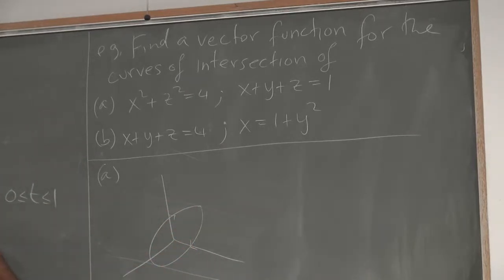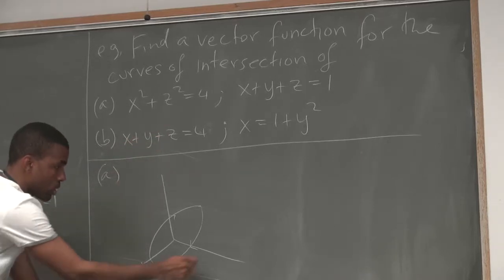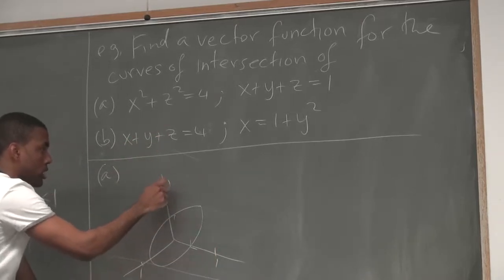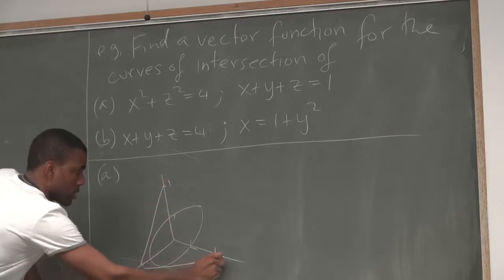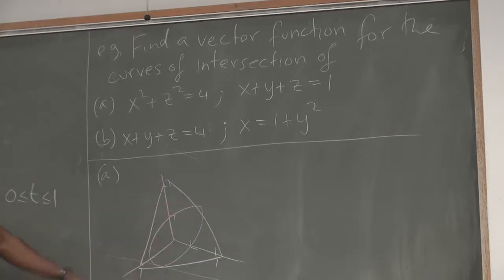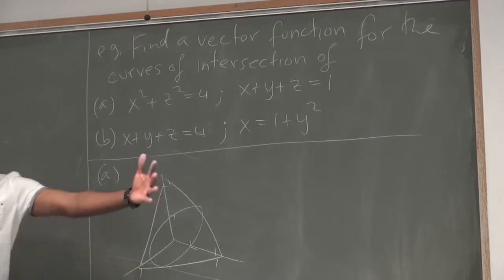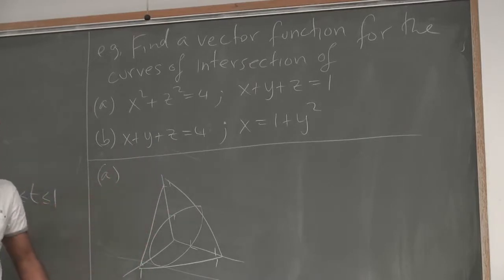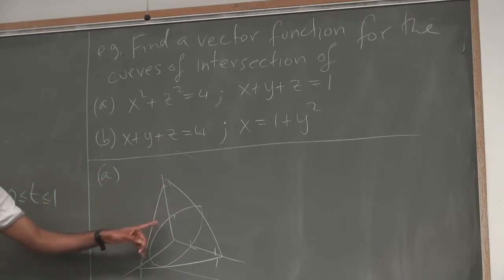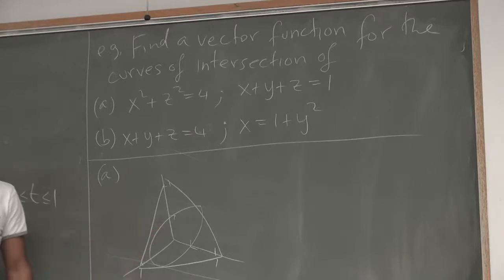And the plane is that, right? Which you know is going to intersect 1 here, 1 here, 1 here. So there's a plane cutting through the first octant like that, and then there's a cylinder cutting through that. I want the outline of the cut, which is going to cut it in a slant direction, so it's sort of going to look elliptical. I want to find a parametric equation for that.